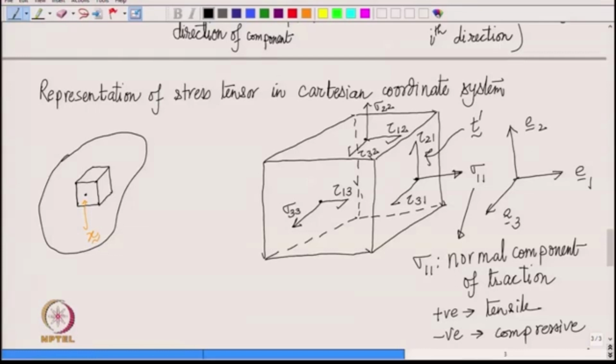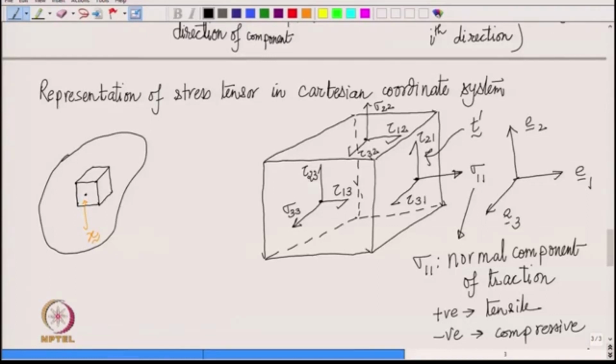Remember that the first index denotes the direction and the second index denotes the plane normal. Okay. And then along the second direction, we have tau 2 3.